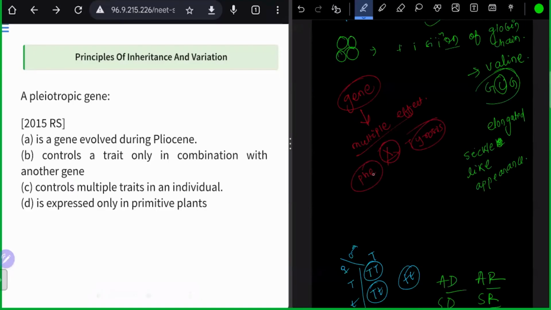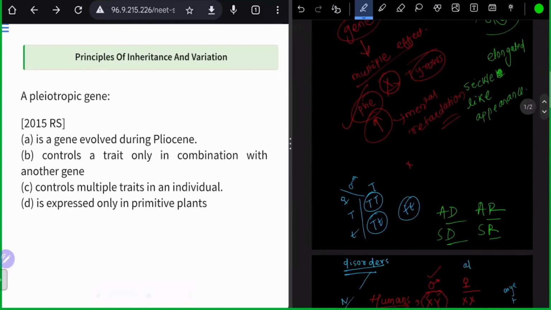The enzyme is absent, so the phenylalanine quantity in the brain is increased, which leads to mental retardation, as well as reduction in hair and skin pigmentation. So one single gene leads to mental retardation and also reduced hair and skin pigmentation. That means the manifestations are many.